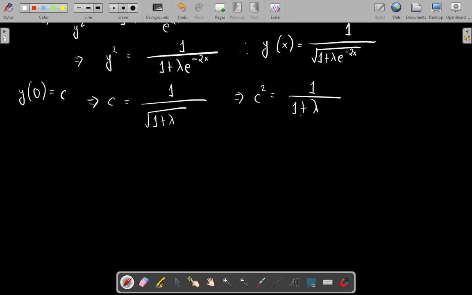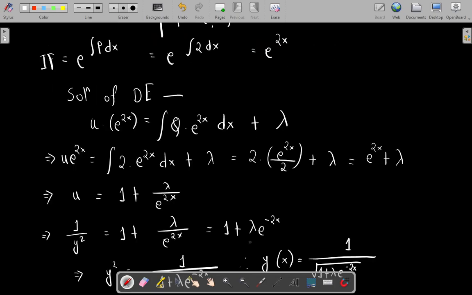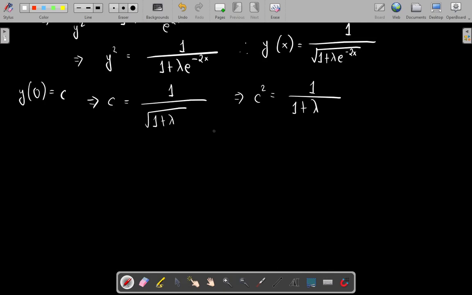Okay, so we have to eliminate this lambda. This is a constant we have derived here. We have to eliminate this lambda to get the differential equation in terms of x and y. So if we invert both sides, we get 1 upon c square equal to 1 plus lambda.